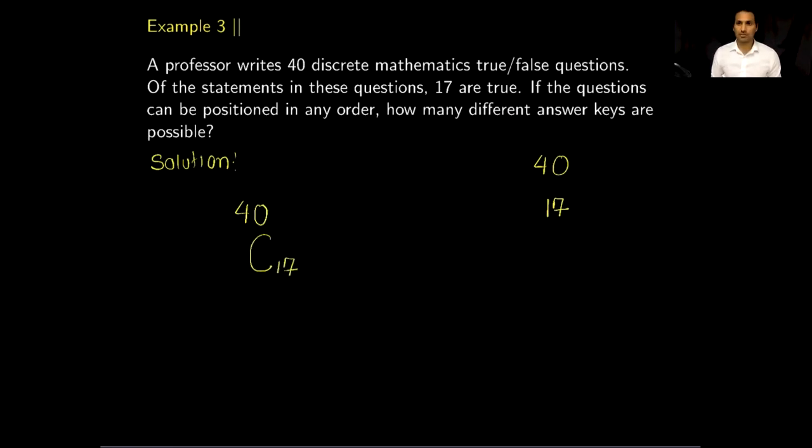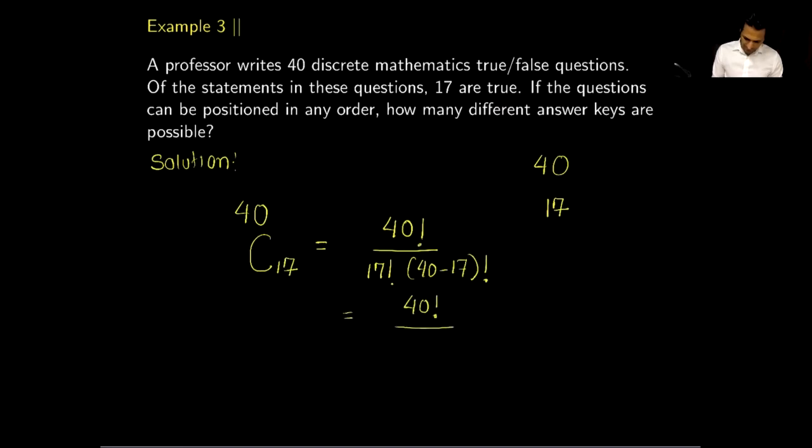That will be the total number of ways you can have different answer keys, which will be 40 factorial divided by 17 factorial multiplied by 40 minus 17 factorial, which you can simplify as 40 factorial divided by 17 factorial times 23 factorial.